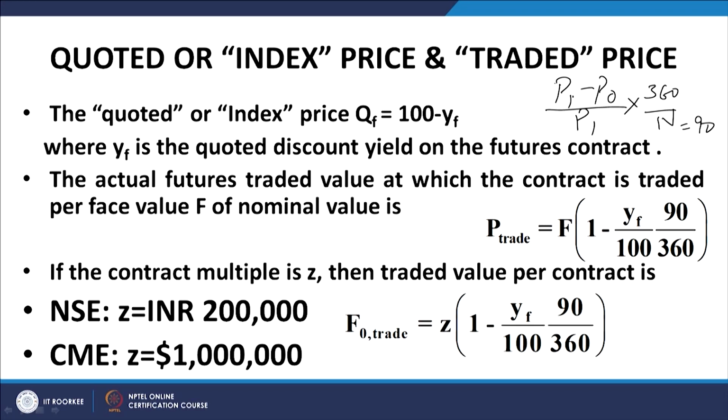P1 will be the face value of the bill, and P0 will be the price at which the futures contract is going to be settled by the delivery of the bill. So, using this expression, we arrive at the traded price or the transaction price as the face value of the bill, this P1, into YF upon 100.